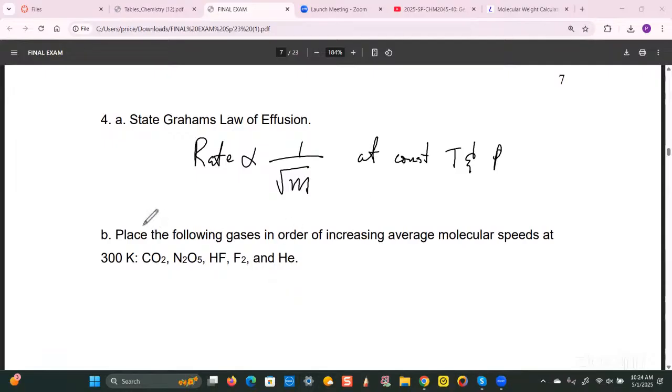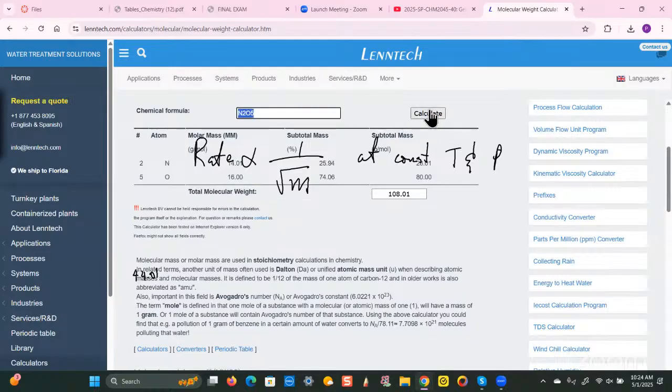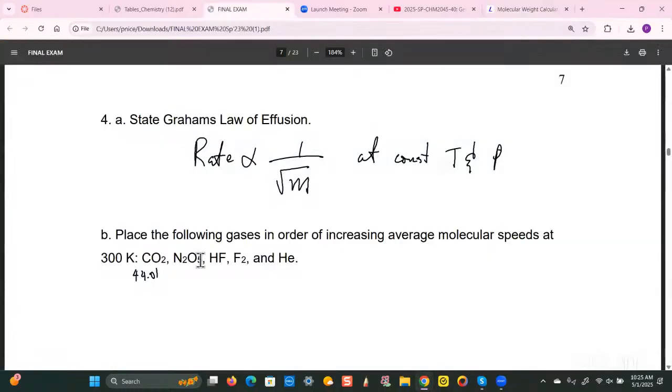There you go. You have to find the molar masses of all these gases. For carbon dioxide it's 44.01. For N2O5, it's 108.01.